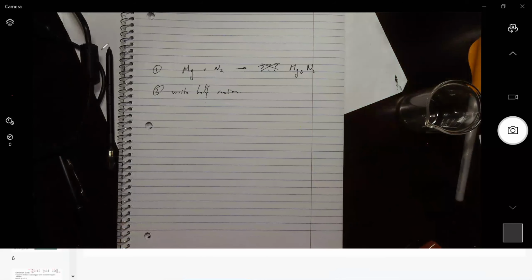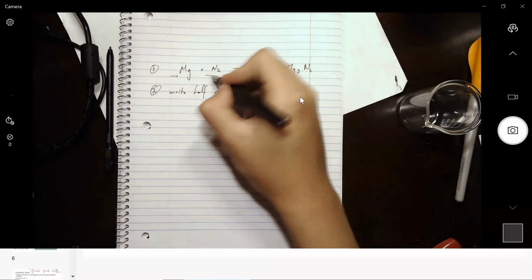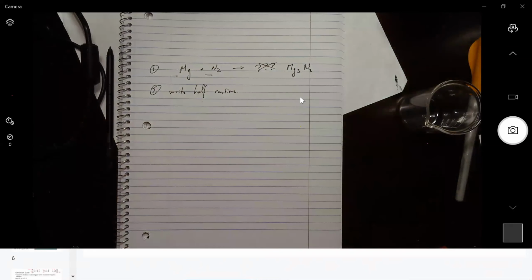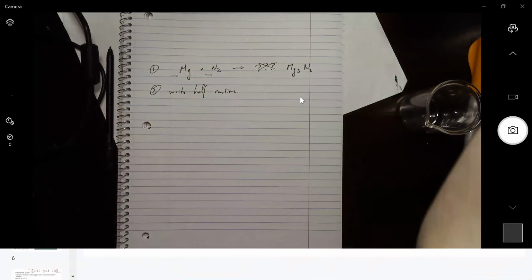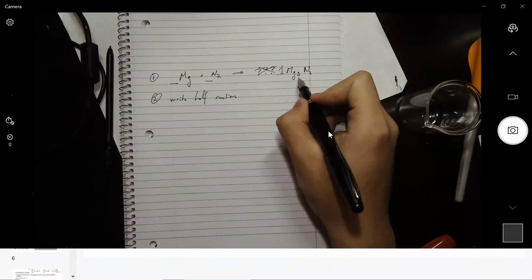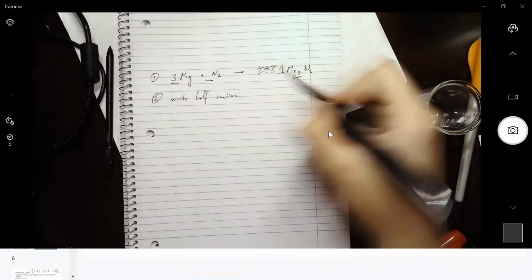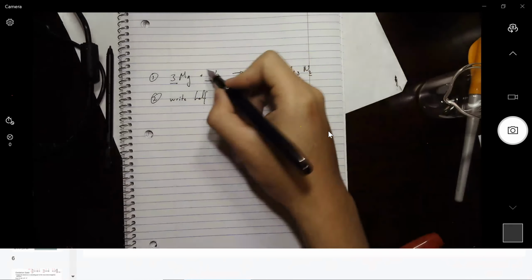So we need to balance the reaction. So what numbers go there? Let me turn off the light. We have one of these, so we need 3 magnesiums, and we have only 1 and 2.